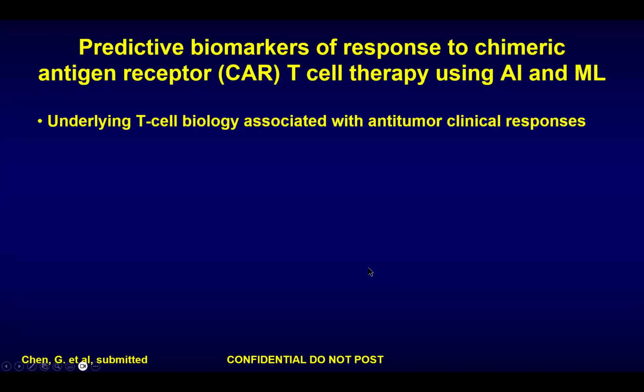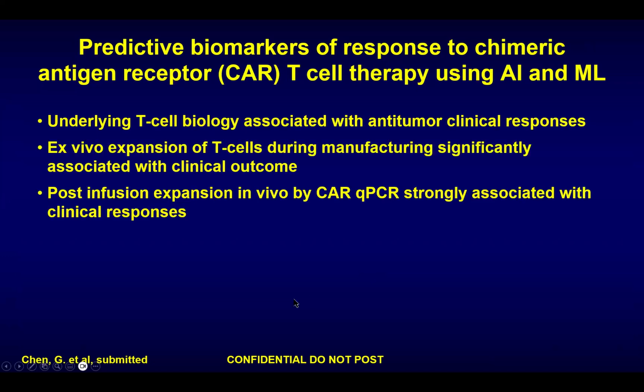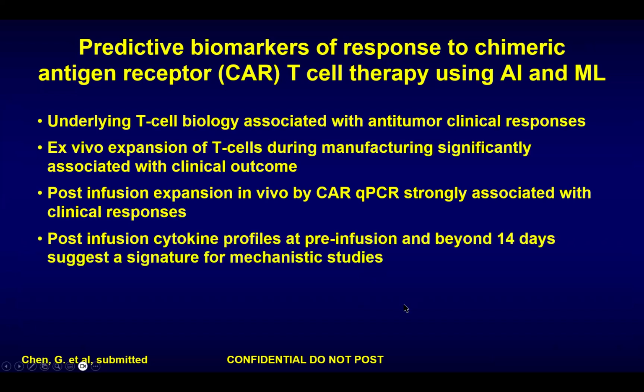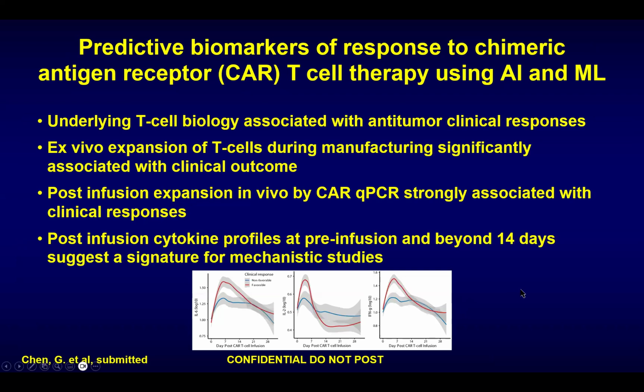So just summarizing this predictive biomarker data, it allows us to look at the underlying T cell biology that is associated with anti-tumor responses. And we know that ex vivo expansion during manufacturing is associated positively with a good clinical outcome, as well as post-infusion expansion, and I'm showing you the cytokine profiles here.